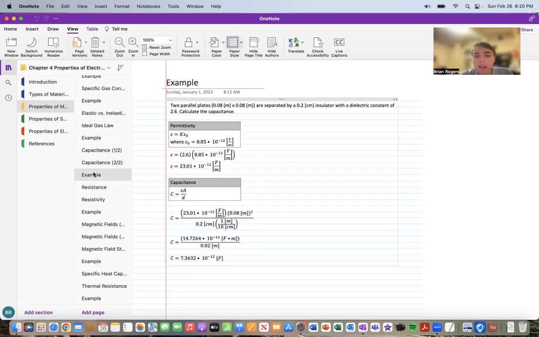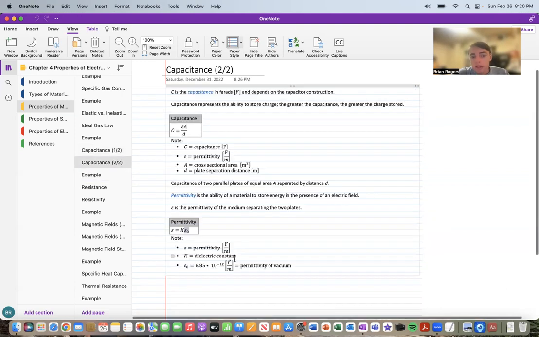Now we have two parallel plates separated by 0.2 centimeters with an insulator with a dielectric constant of 2.6. In order to calculate the capacitance here, we're first going to calculate the actual permittivity. Remember, epsilon naught is just the permittivity of vacuum.